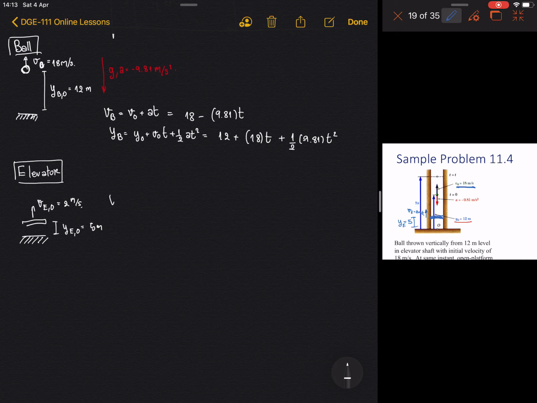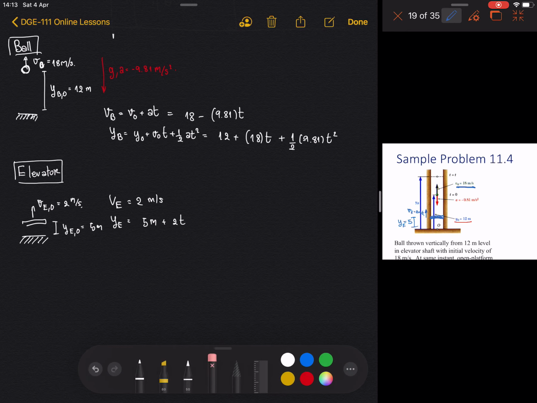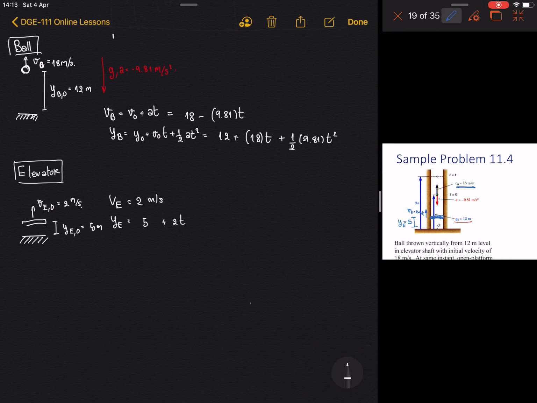Then VE equal to 2 meters per second and YE equal to 5 meters plus 2t. Of course, we have 1/2 at squared, but the acceleration is 0.